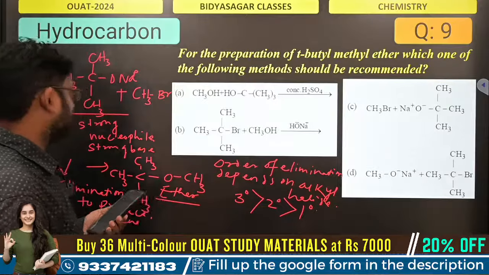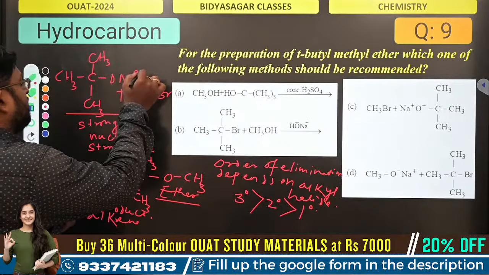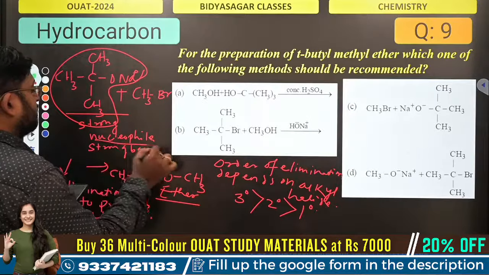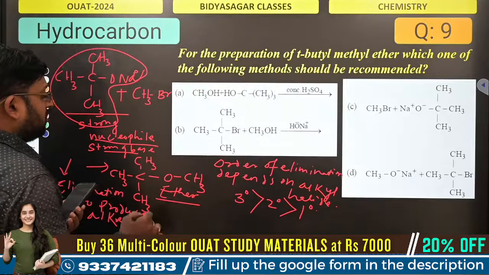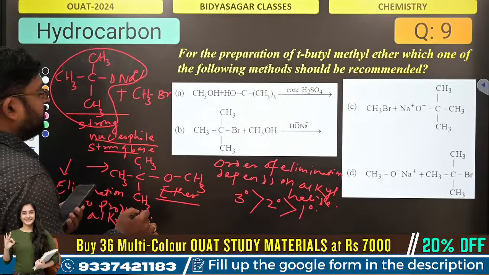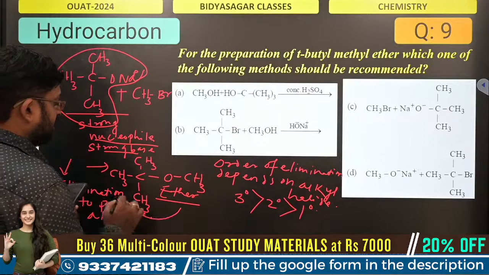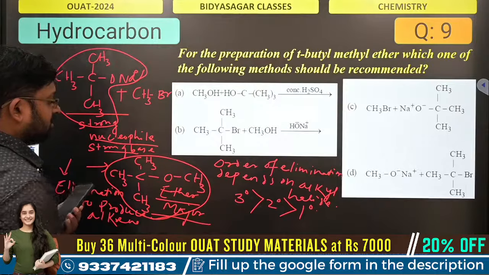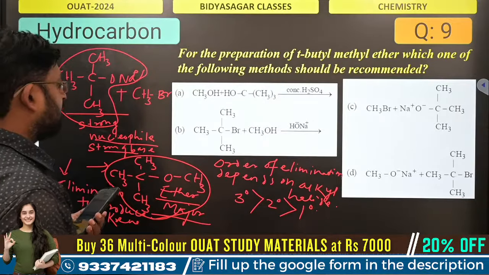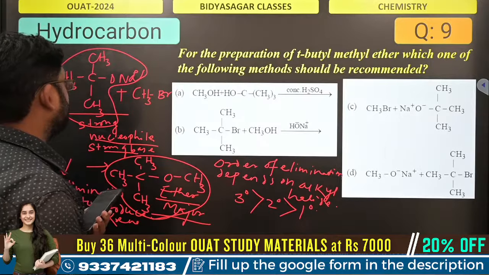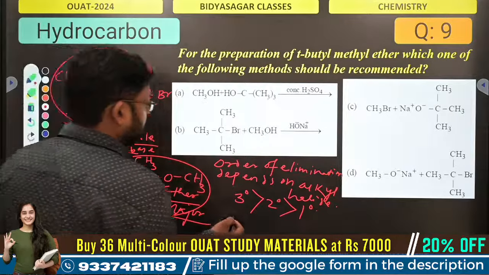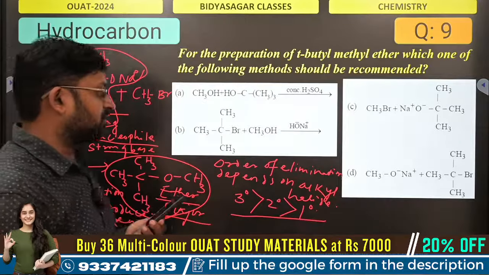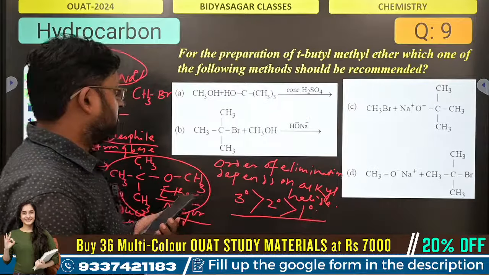So if we take the reverse condition, this tertiary sodium alkoxide ion is a very strong nucleophile. So it undergoes nucleophilic substitution and it will give you tertiary butyl methyl ether. The ether is the major product and the alkene produced is the minor product, because the reactivity order of the different alkyl halides is 3 degree more reactive than 2 degree, 2 degree more reactive than 1 degree.